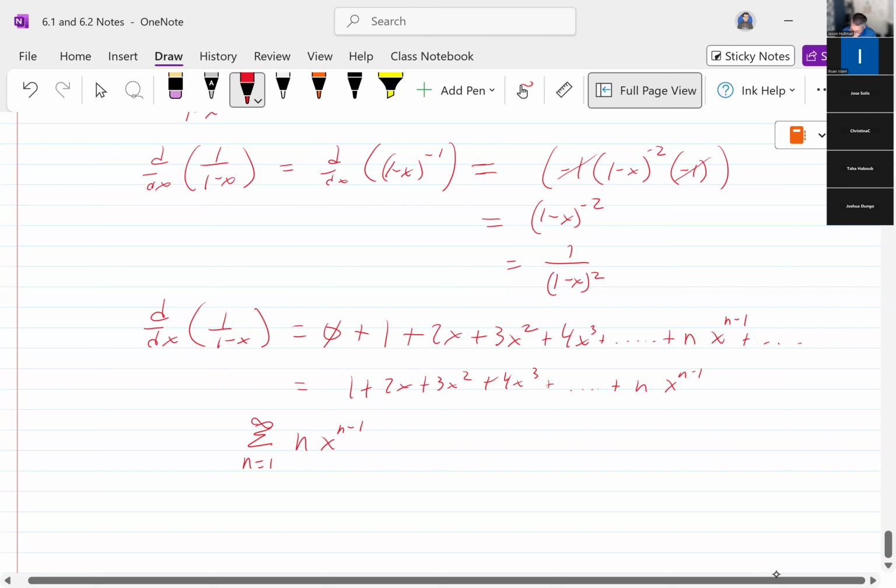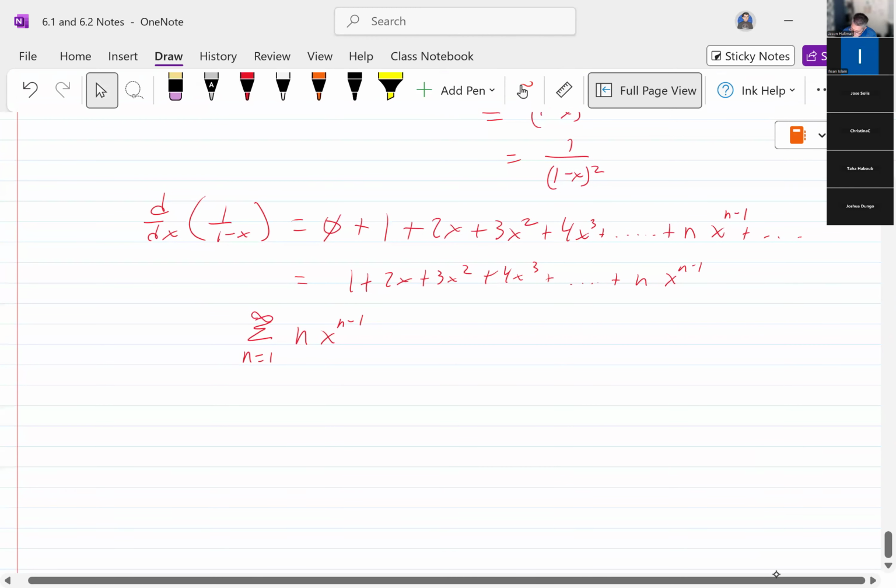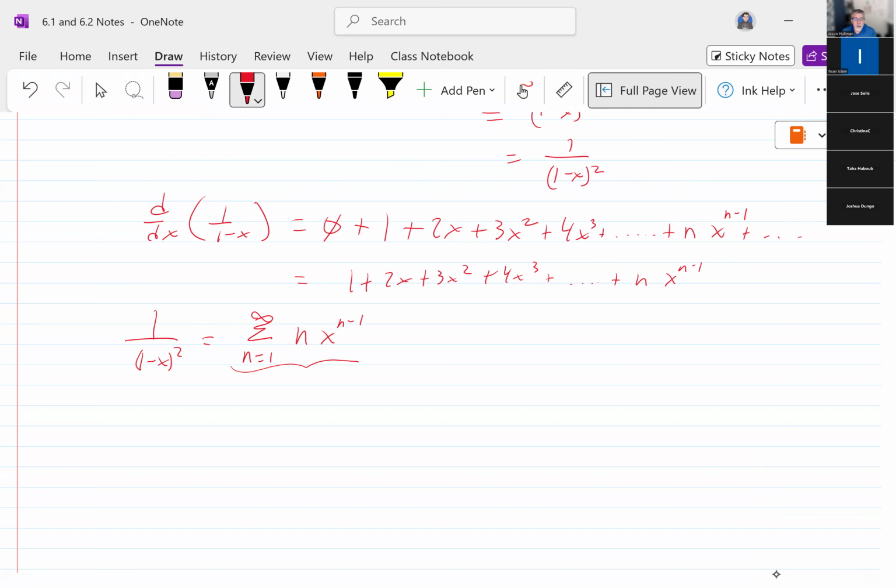That is the power series for 1 over 1 minus x squared. You also might see it being backed out by one term, but then we would ask, what's the 0? Could we change this to n equals 0?